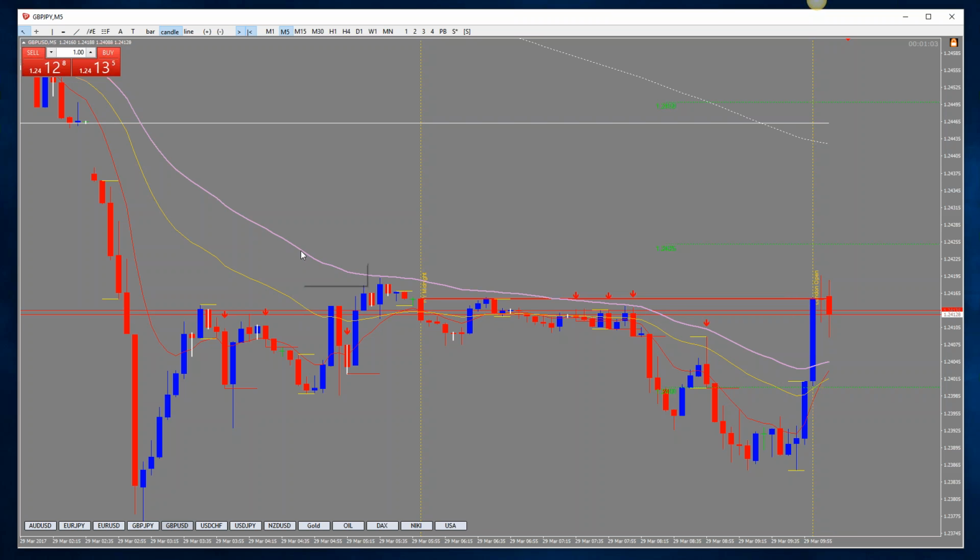I have a 50, and I have a 30 and a 10. Now the 50 I've just recently added. Again, it just shows confirmation of when the market is consolidating, and then a continuation in the direction of the trend that I'm looking for.